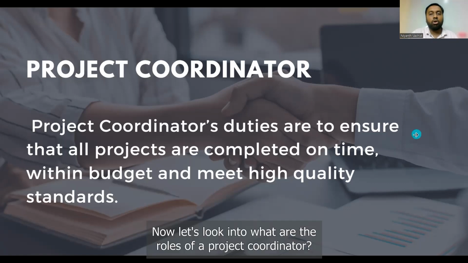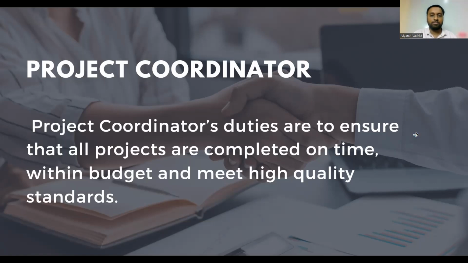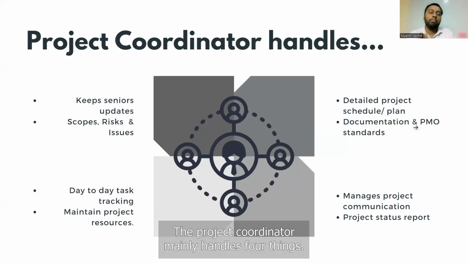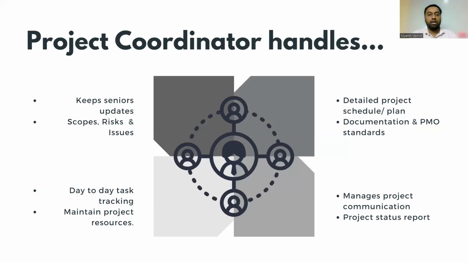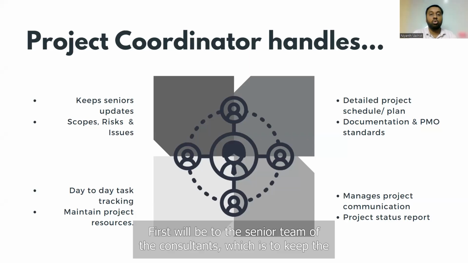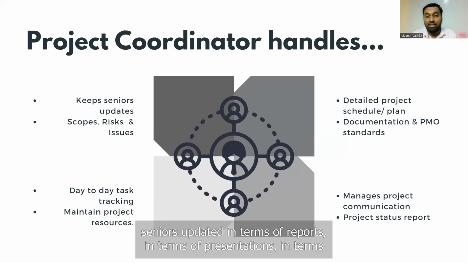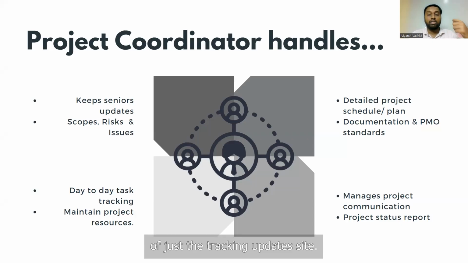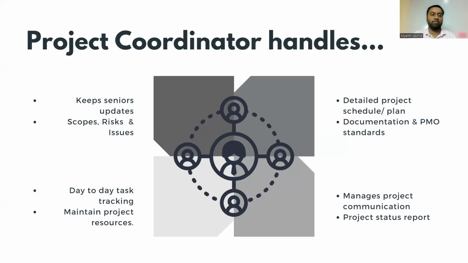Now let's look into what are the roles of a project coordinator. The project coordinator mainly handles four things. First will be to the senior team of the consultants, which is to keep the seniors updated in terms of reports, in terms of presentations, in terms of just the tracking updates at site itself.